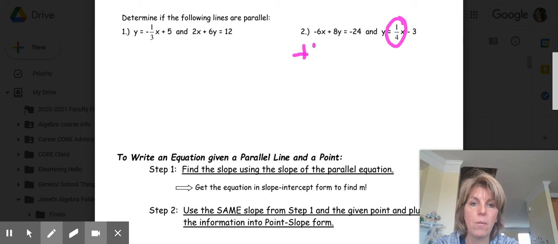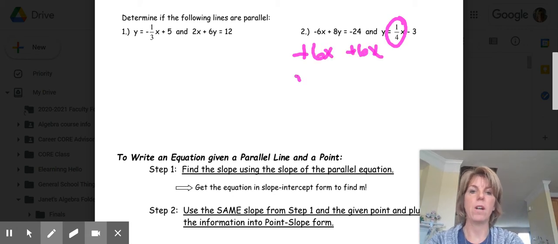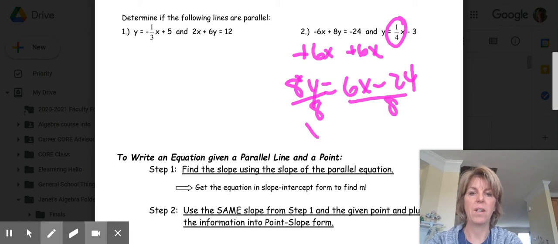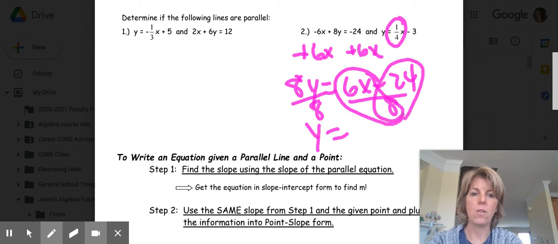We're solving for y. We're going to add 6x to both sides, which is going to give us 8y equals 6x minus 24. Divide both sides by 8, and we get y equals, rewrite as the two fractions, 6x over 8 becomes 3/4 x when we simplify, and negative 24 over 8 becomes negative 3.